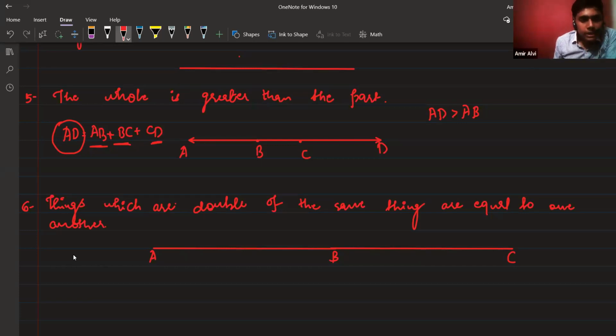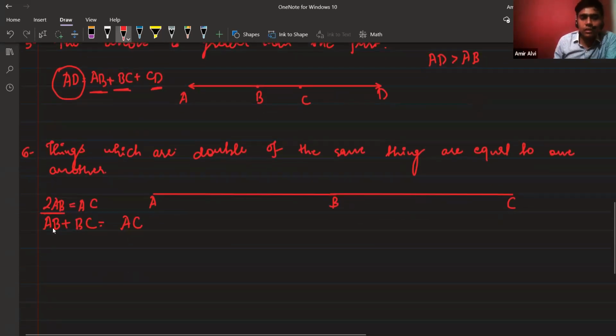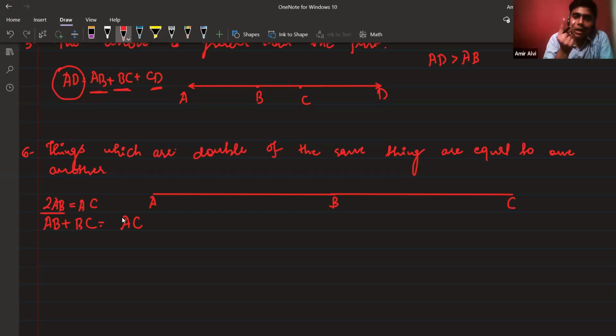If 2AB is equal to AC, then AC can be written as AB plus BC. And BC is nothing but completely equal to AB. So if we are doubling something, then obviously the original parts were equal to each other, only then are things doubled.